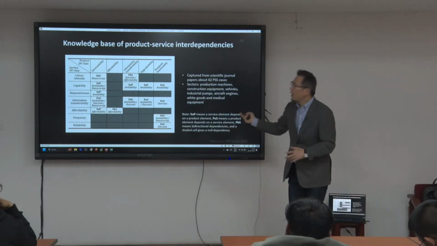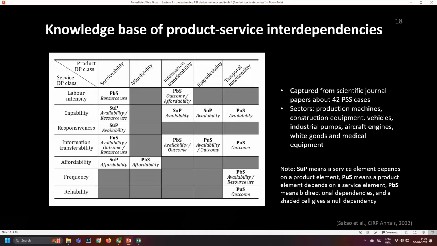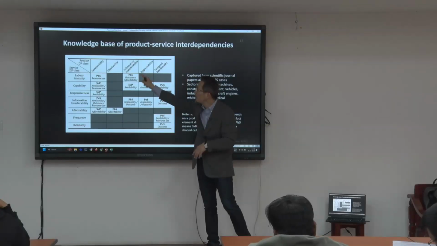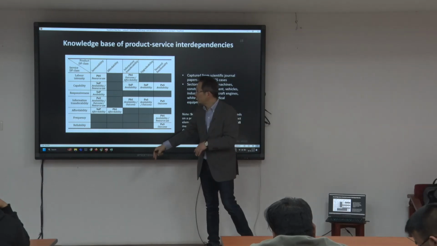So what we have developed and you have access to is this matrix. This is built upon 42 cases that were reported in literature, and this matrix tells you there are some interdependencies between the product design parameter classes and service design parameter classes.